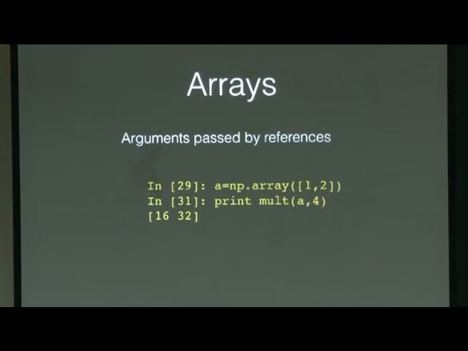It should be multiplied by 4, so it should be 4 comma 8, no? I get the answer. But what is the value of a after this? Actually it should be 2 comma 4. The array has been modified. Unlike the last example where x was unchanged, here the array is modified. You have to keep this in mind when you use functions.